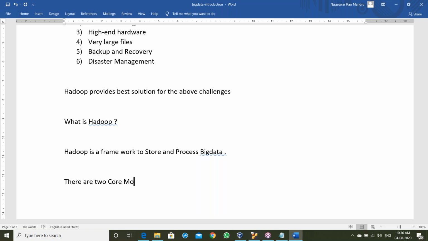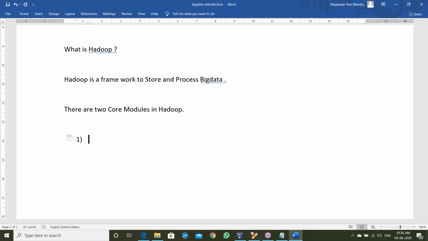There are 2 core modules in Hadoop. First one is HDFS, second one is MapReduce. HDFS and MapReduce.